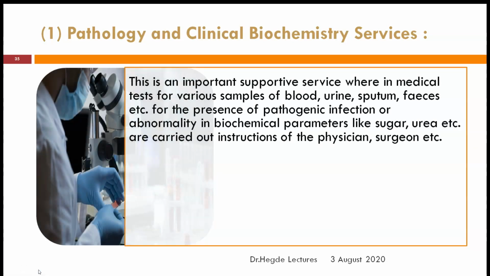Firstly, the pathology and the clinical biochemistry services. This is an important supportive service wherein medical tests are done on various samples like blood specimens, urine specimens, sputum, feces, etc. They check for the presence of pathogenic infection and the root cause, which type of bacteria, which type of viruses, which organism is involved in causing the disease.